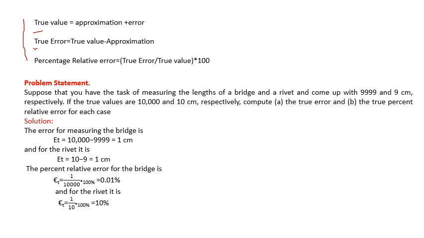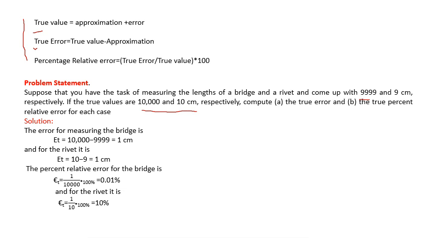The problem statement says that suppose you have the task of measuring the length of a bridge and a rivet, and the measurements come up to 9,999 and 9 centimeters respectively, whereas the true lengths are 10,000 centimeters and 10 centimeters respectively.